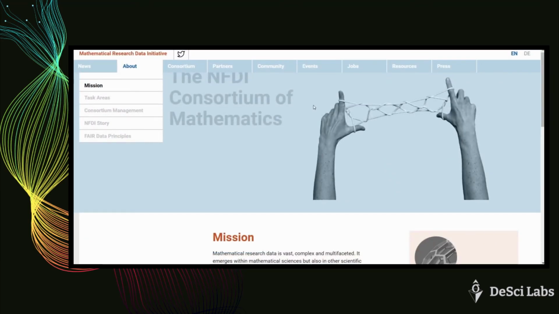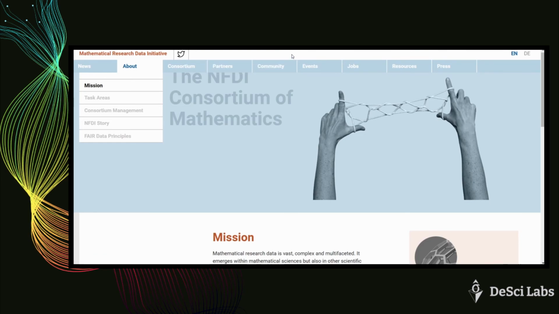But besides Research Rabbit, there is a new initiative, and some people in Max Planck are working on it. It's called MARDI, and it's also aiming at the same open source research things for researchers.